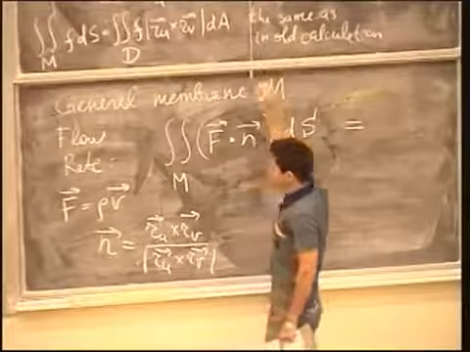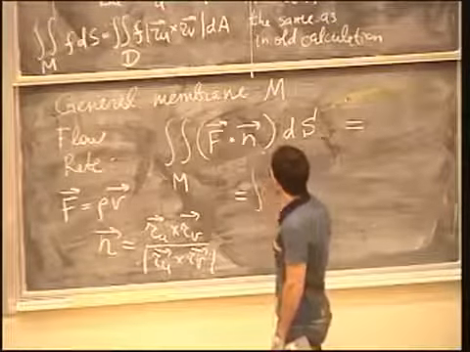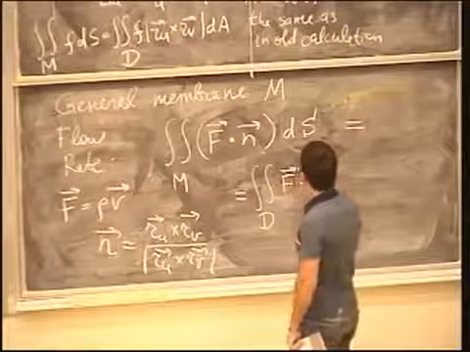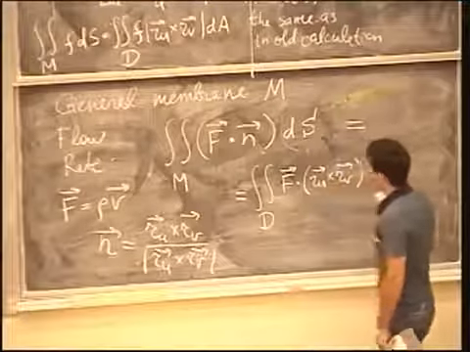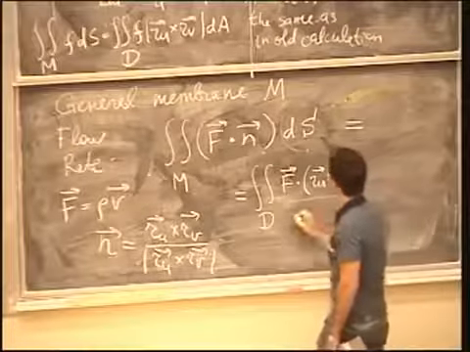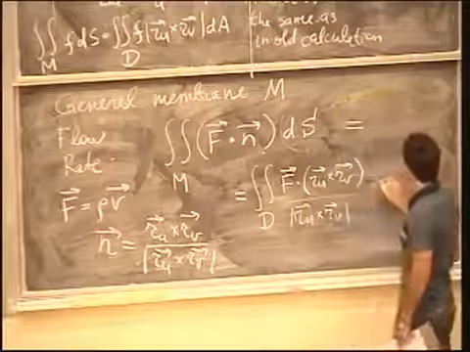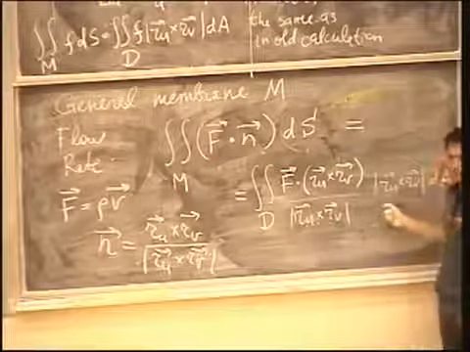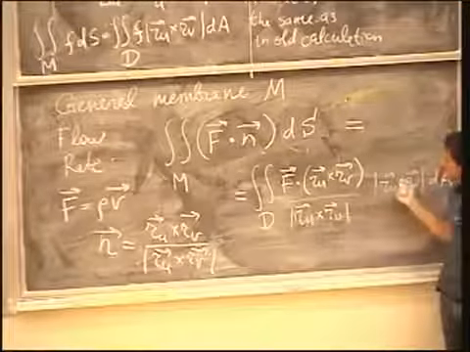So what's going to happen now, and we'll have a very nice cancellation, is we will have the double integral over D of f dot r_u cross r_v. Then we'll have to divide by this magnitude of r_u cross r_v, and then multiply by the magnitude of r_u cross r_v dA. You see? So it's kind of lucky because the same quantity appears in the numerator and denominator.